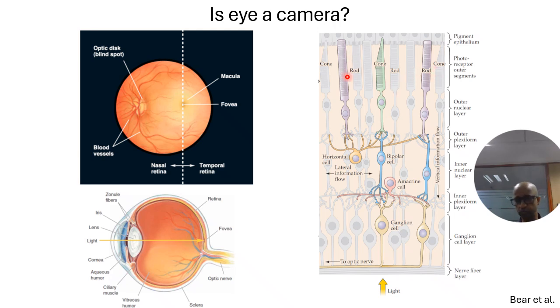Rods respond to all wavelengths of visible light, whereas cones respond to specific wavelengths. So red cone will be most sensitive to red light, green cone will be most sensitive to green light, blue cone will be most sensitive to blue light, and so on. So rods and cones are very fiduciary kind of responders.